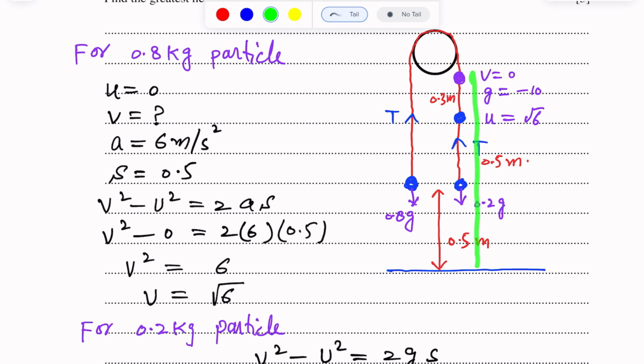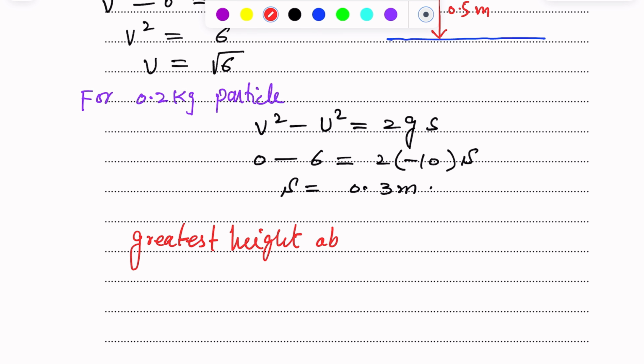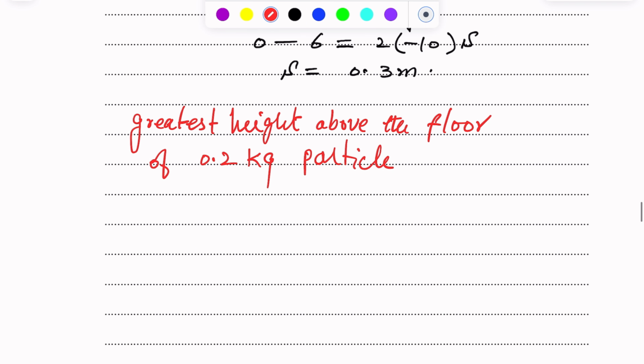So the greatest height above the floor of the 0.2 kg particle will be 0.5 plus 0.5 plus 0.3.